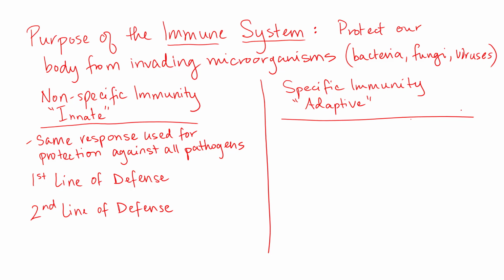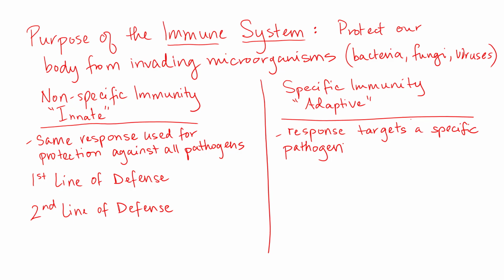The beauty of adaptive immunity is that this is an immune response that targets a specific pathogen. This is different than innate. Innate responses are the same response. Remember, it's the one-size-fits-all approach.